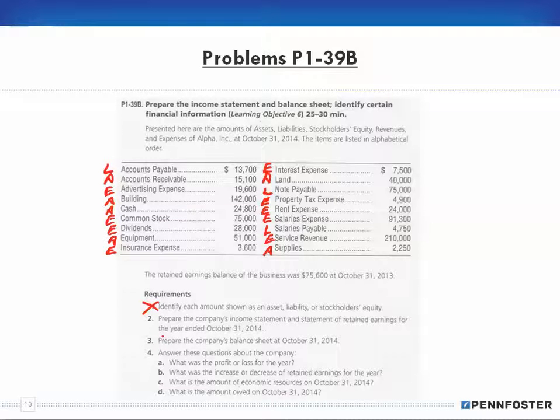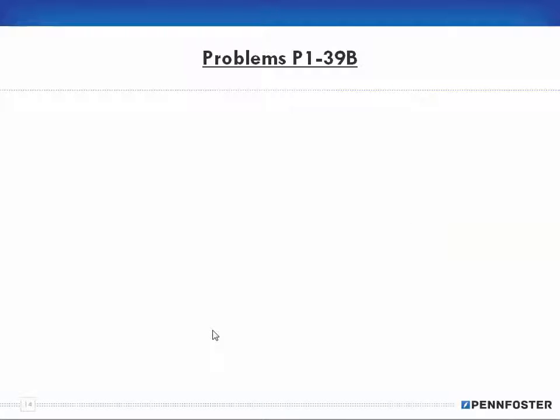All right, now it says prepare the income statement and statement of retained earnings for the year ended October 31st. So new slide here. And again, I'm going to abbreviate and take certain shortcuts.